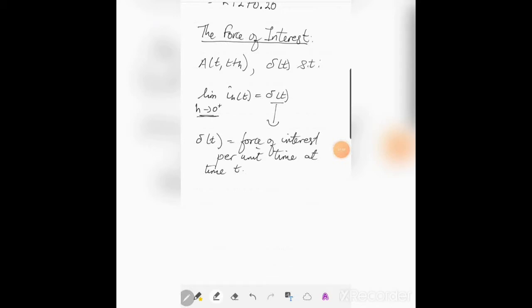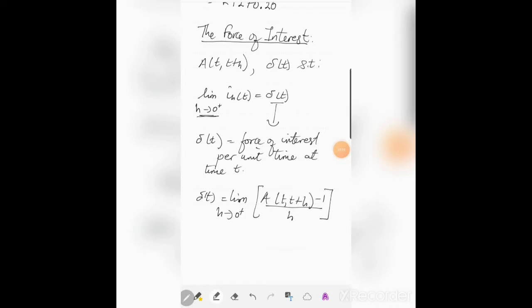So how do we now incorporate the delta t, which is the force of interest, with the accumulation? So we may define delta t, in terms of the accumulation factor, as the limit as h tends to 0 plus of the accumulation factor a(t, t plus h) minus 1, everything over h.